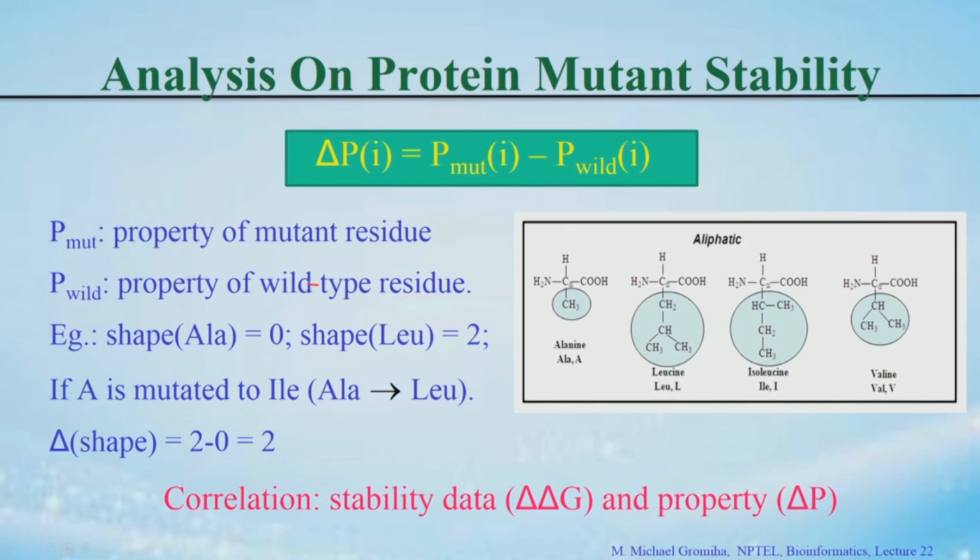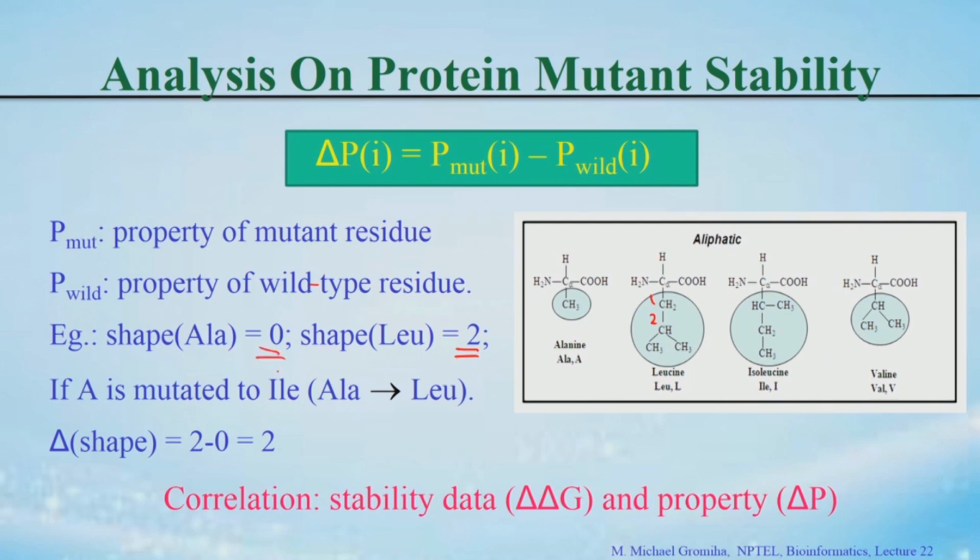For example, you take the shape, shape tells you the branching. For example, alanine there is no branch. For example, if you take the leucine, at the second CH you get the branch. So, in this case shape of leucine equals 2, shape of alanine equals 0.